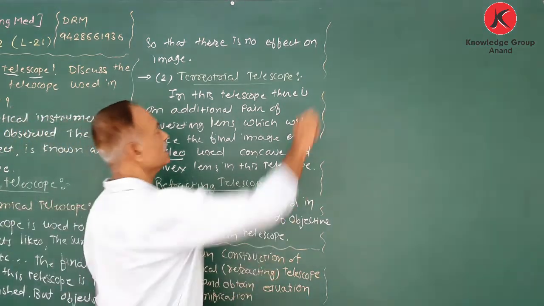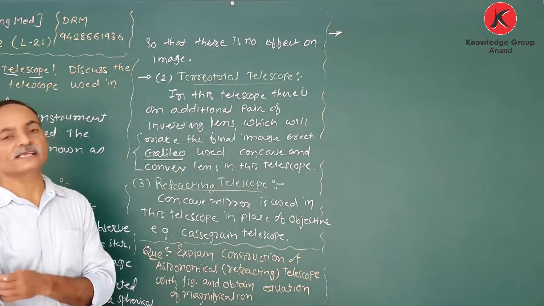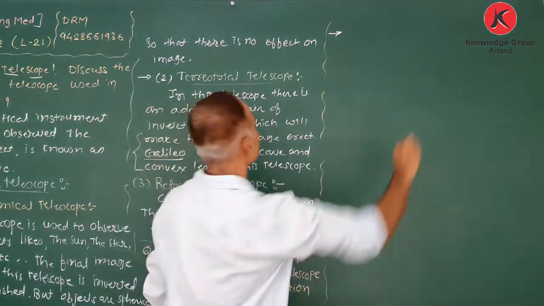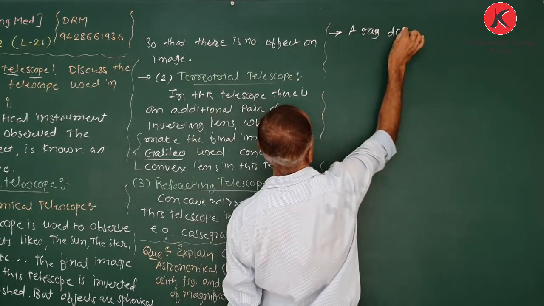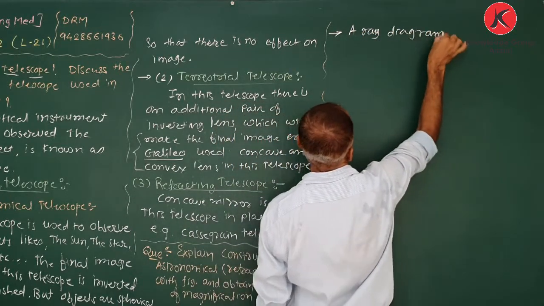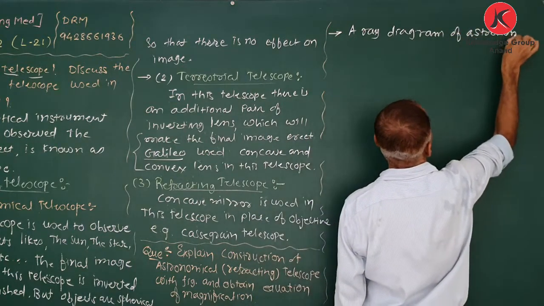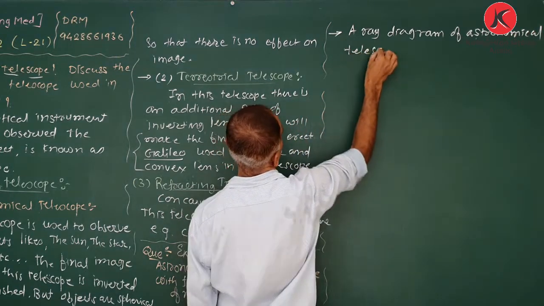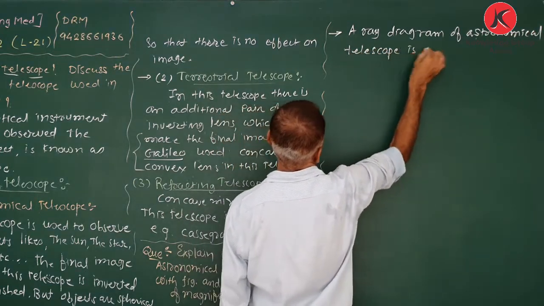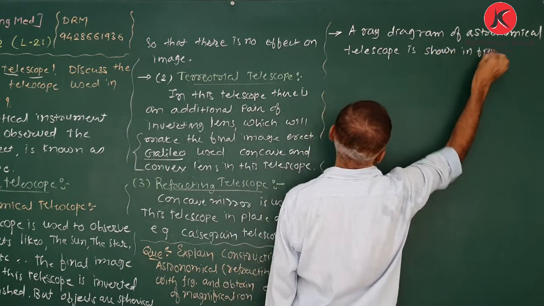For that purpose, here we draw the ray diagram of the astronomical telescope. A ray diagram of the astronomical telescope is shown in the figure.